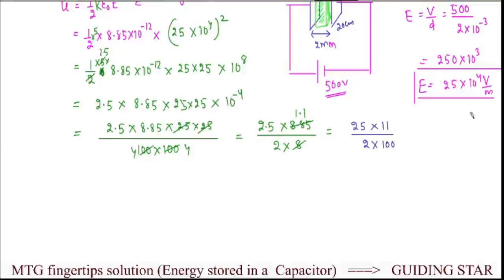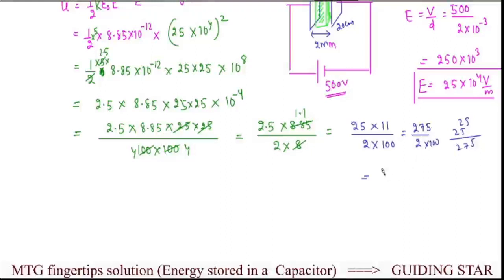Here 25 into 11 will be 275, divided by 2 into 100.